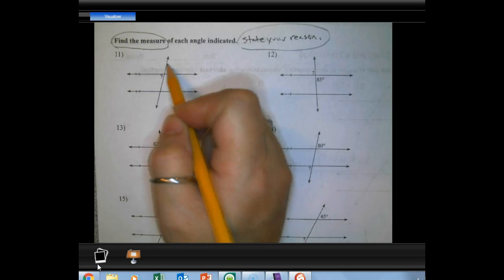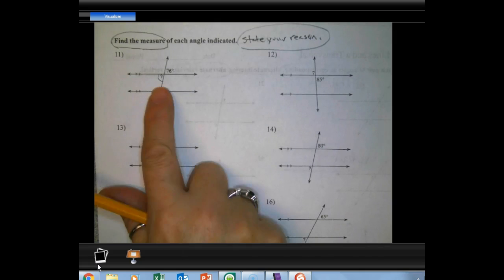It's on the top, Noah. Okay, so on this side, it wants you to do two things. Find the measure and state your reason. So I'm looking at this angle here, and it tells me it's 76, but it wants to know what this angle measures.